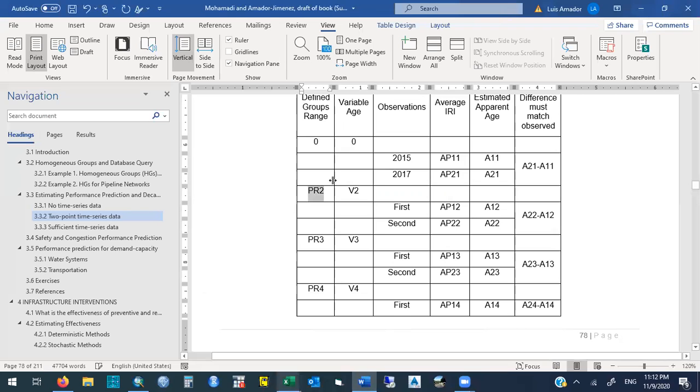So if we have RI, this is your 2, this is your 4. And these are the values that you don't know what they are and you need to establish. But all these other values you know, because these are your groups.